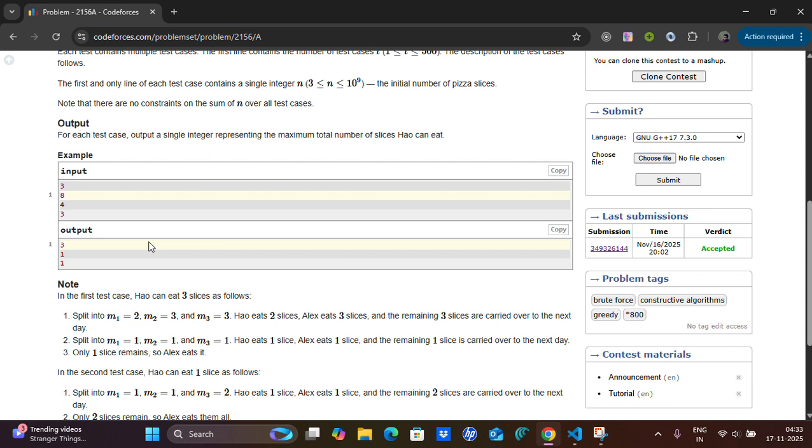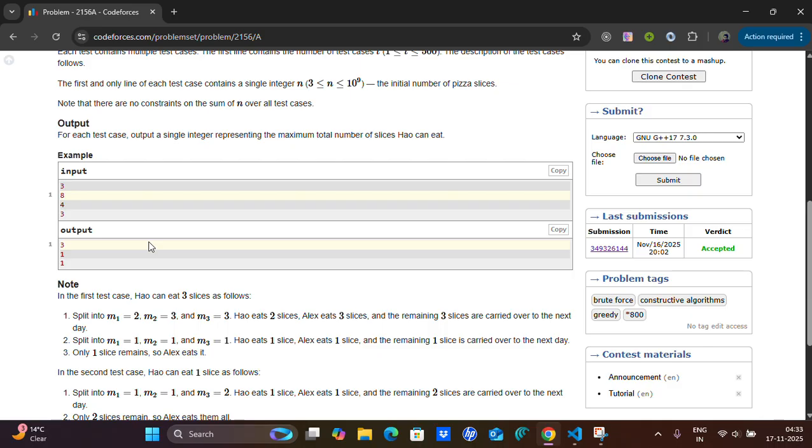So when my n is 13, what I can do, since I have to make three groups out of it and I want Howard to eat as much as possible, is to make at minimum the size of one group n by 3, because each group should have size at least n by 3, so that I can make a proper partition of all the pizza slices.